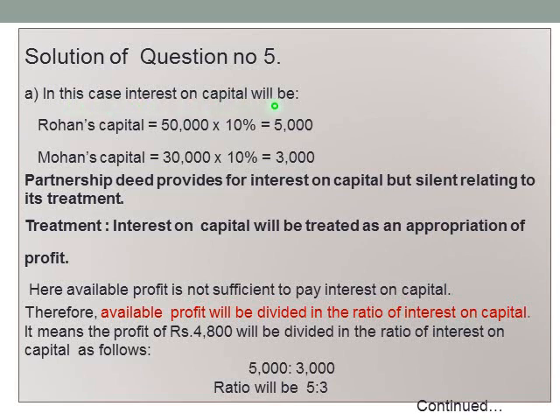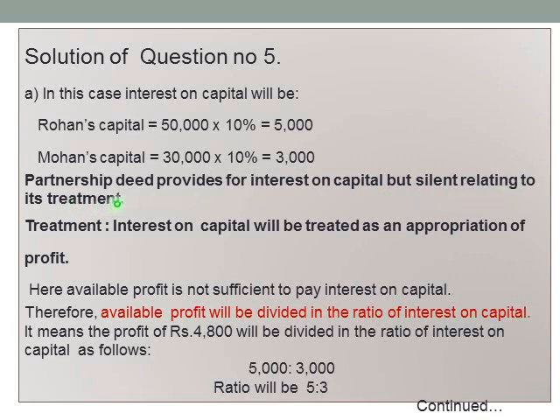Case A. In this case interest on capital will be 10% on 50,000, that is 5,000 for Rohan, and interest on capital for Mohan will be 10% on 30,000. This is 3,000. The partnership deed provides for interest on capital but is silent relating to treatment. What is to be done if it is silent?